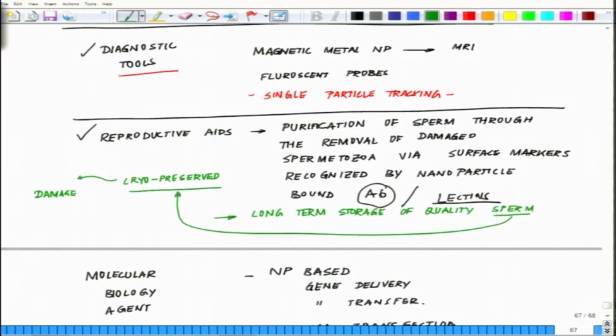Now, how you can cryopreserve them, or there is another technique where you are converting them into a glassy structure.